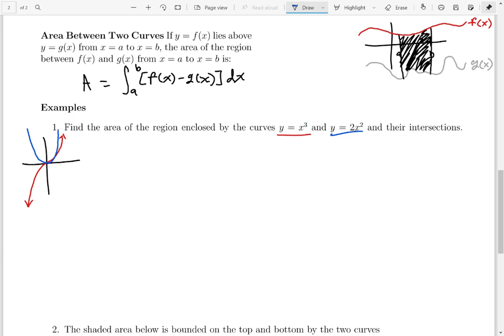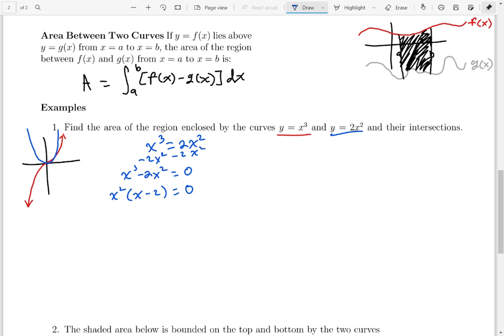And so let's figure out where they intersect. To figure out where they intersect, I just need to set the equations equal to each other. So that is x cubed is equal to 2x squared. And so solve, subtract 2x squared from both sides. x cubed minus 2x squared is equal to 0. Factor out x squared, that is x squared times x minus 2 is equal to 0.